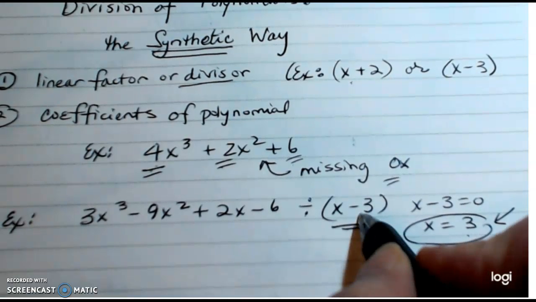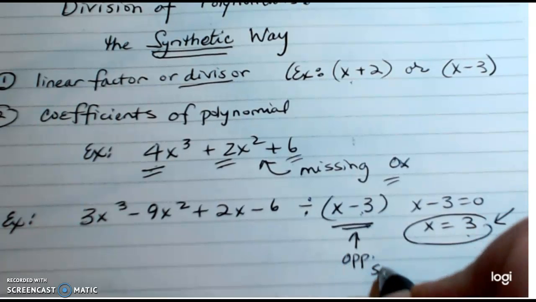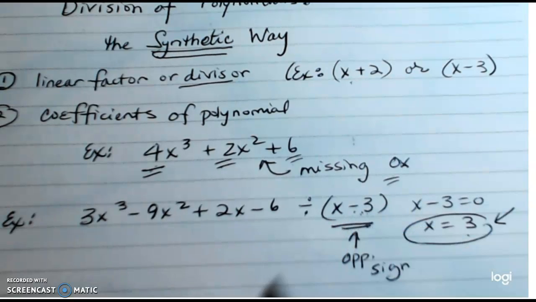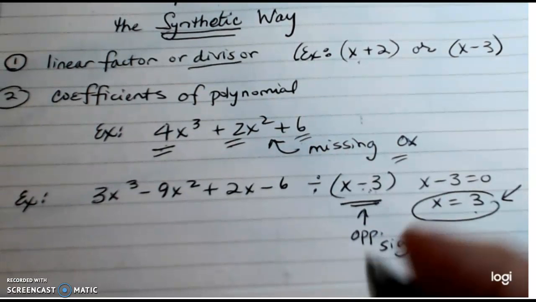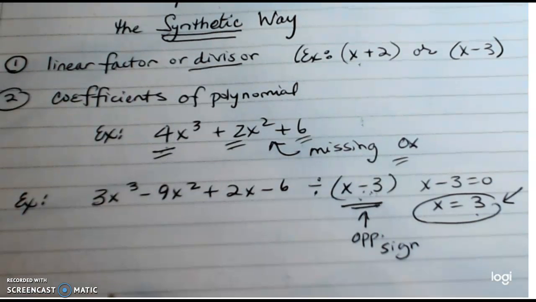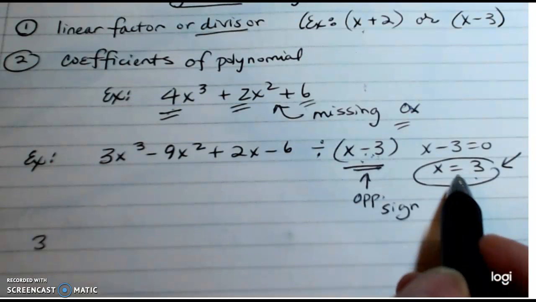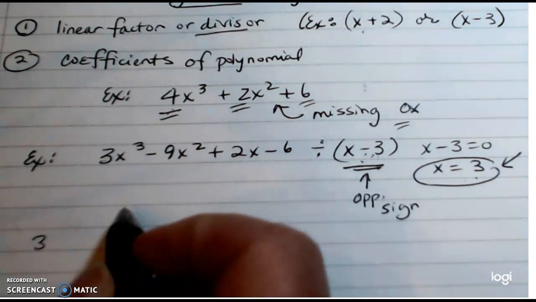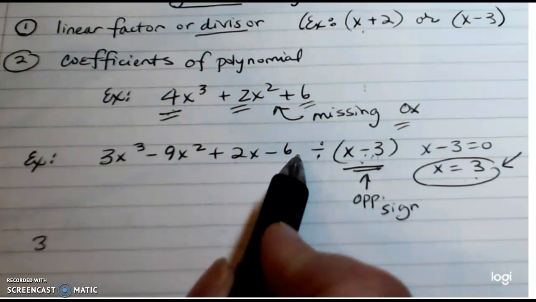You need the opposite sign of this term as your divisor, because you're going to add when you're doing synthetic division rather than subtract. So my divisor is 3 from my factor x minus 3, or my proposed divisor. I don't know if it's actually a factor yet. And I need each one of these coefficients and the constant.